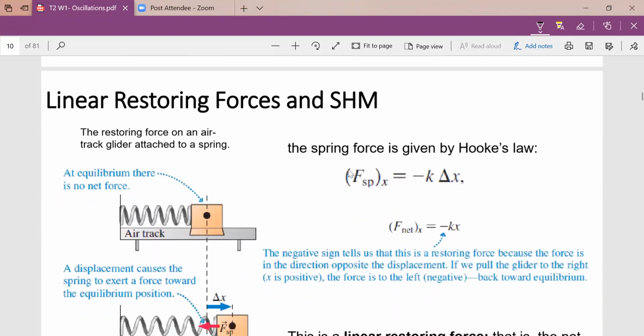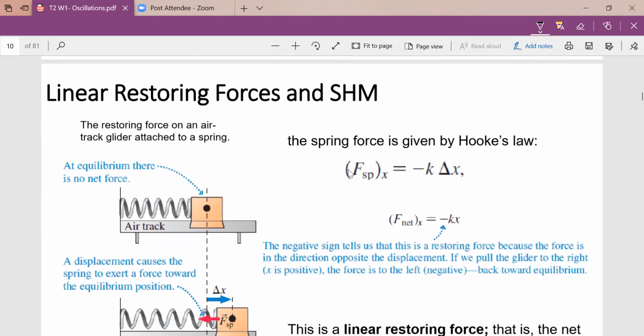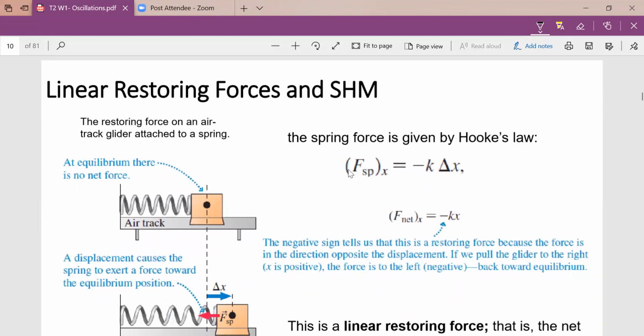Okay, so let's look at the description of force in simple harmonic motion. We'll start with the linear restoring force. We have seen what we call restoring force before, that force that we described as net force when introducing oscillation. We described that as a force that brings back the object to its equilibrium position, to pull it back to rest position.